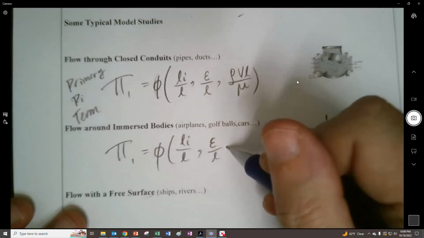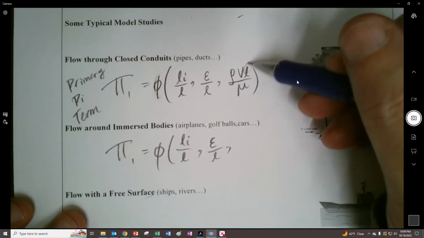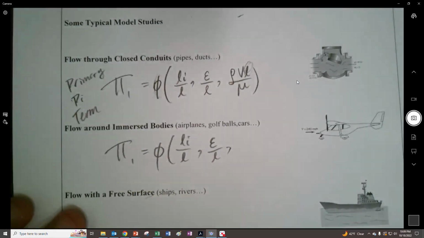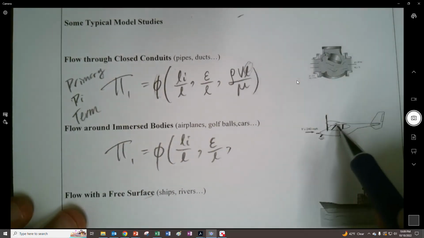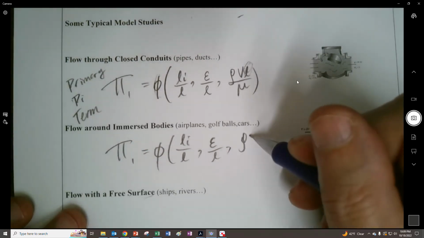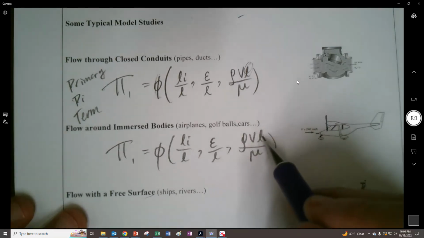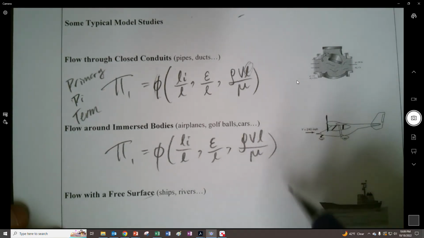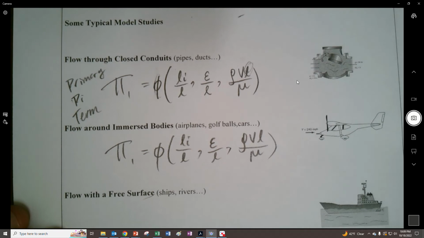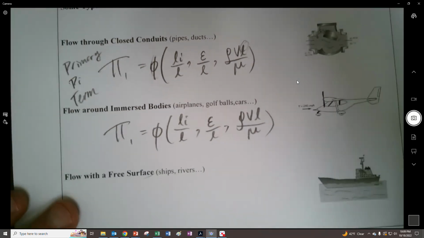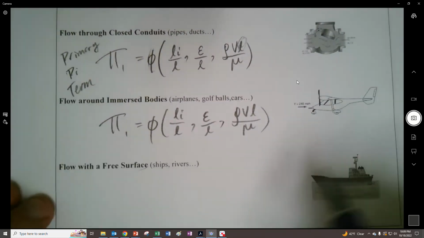But a lot of times there will be different characteristic dimensions. Like this might be the inside diameter, while this might be the wingspan, or the outside diameter for a golf ball. It's just a length term, and from experience we determine what it's based on.